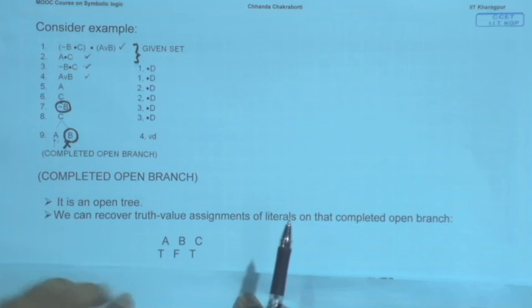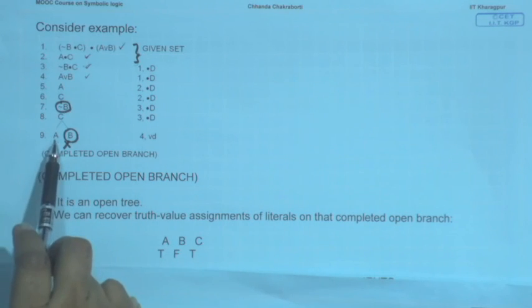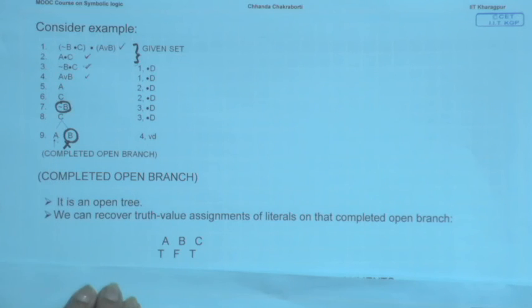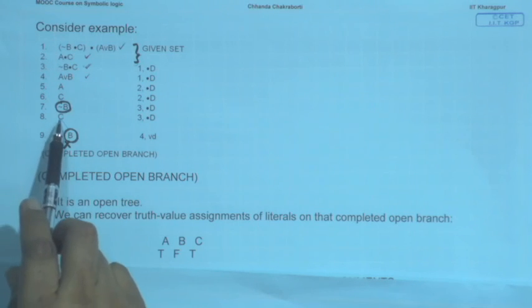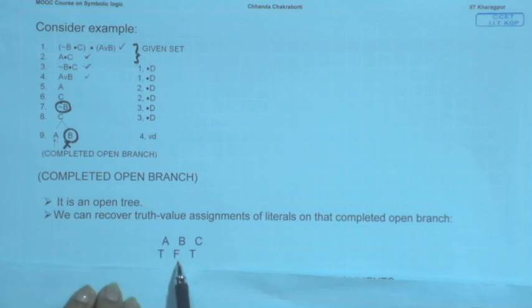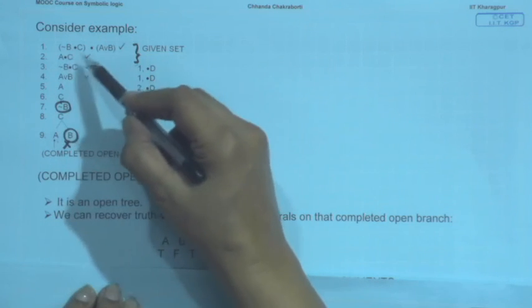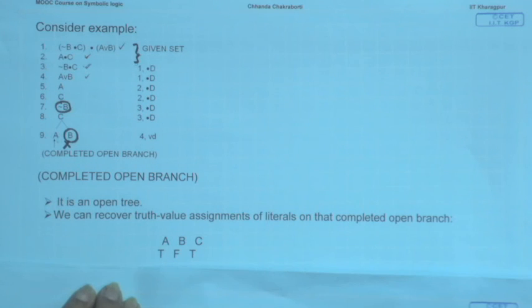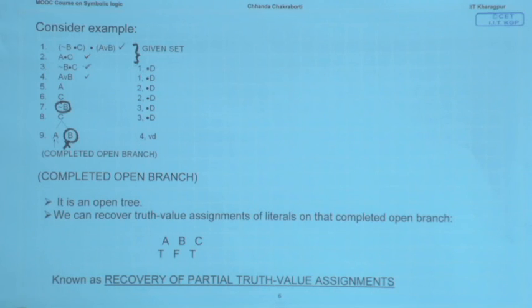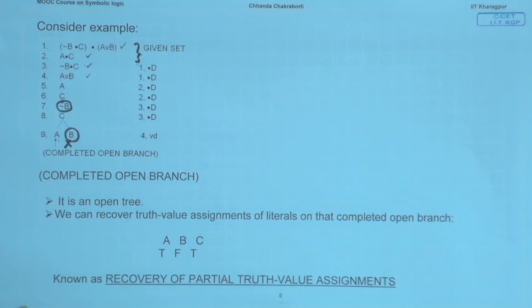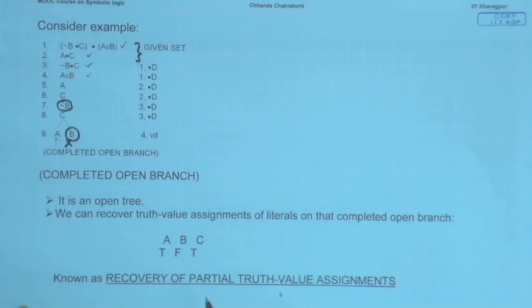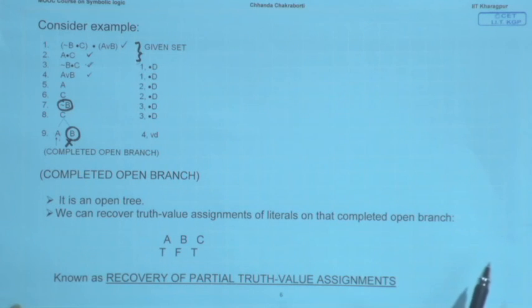From this branch, what we can say is that A is true, C is true, and B is false, and that would keep this given set true. This process is known as the recovery of truth value assignments. So, this is something to know. From a completed open branch, you can do this process to take care of the partial truth value assignments. We are going to use it in our next modules.